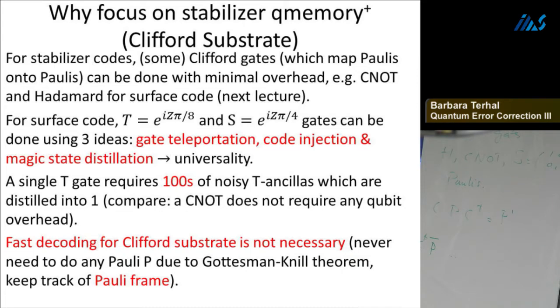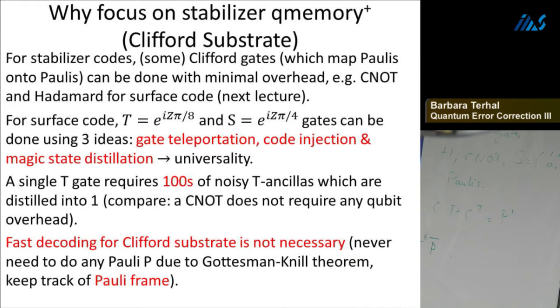One is I want to be in the +1 eigenstate of all the stabilizer checks. Sometimes I have an error happening, a Pauli error, and I'm not in this +1 eigenstate. But I mentioned to you that any other space characterized by these eigenvalues, whether -1 or +1, is an equally good code space.